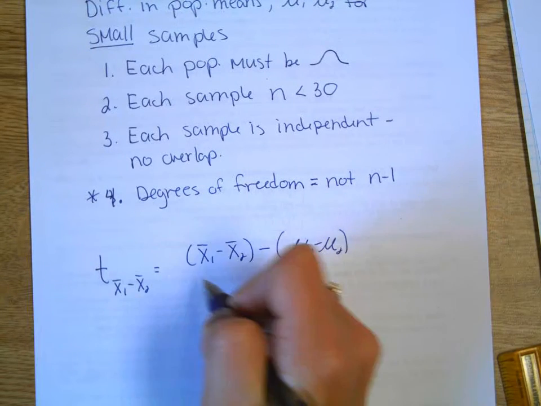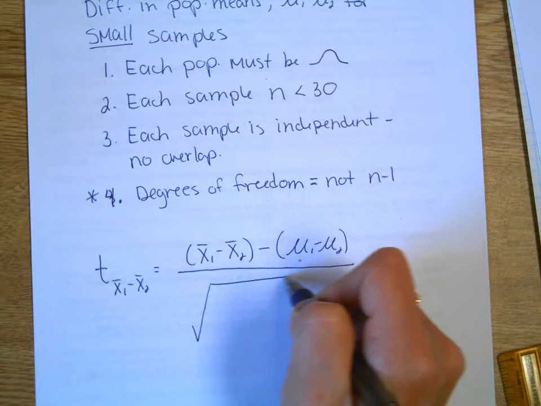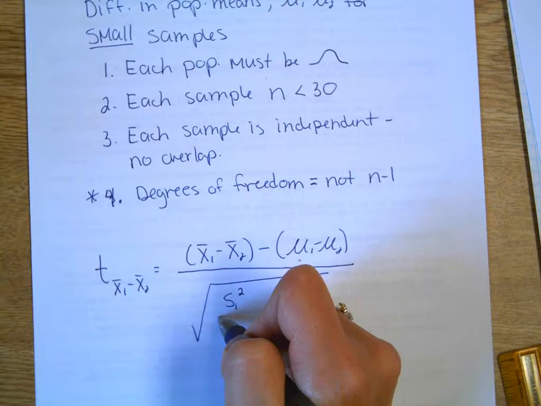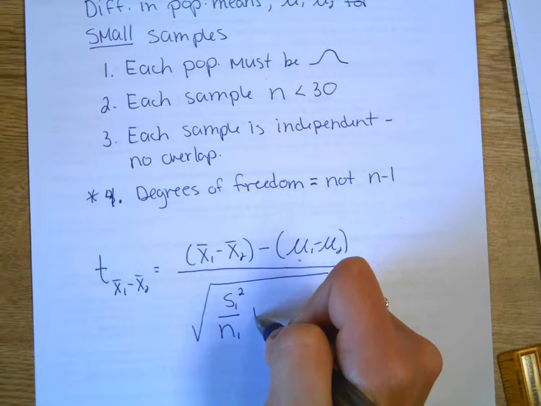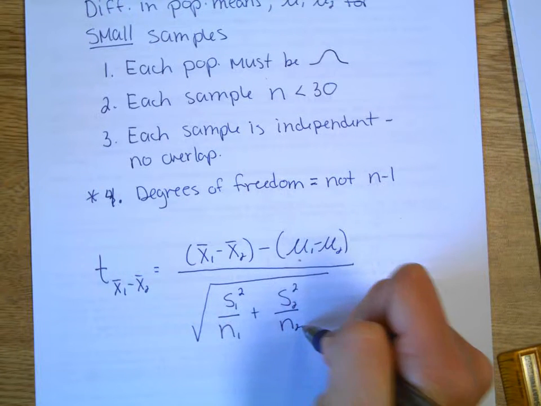So far, no difference. Bottom, also no different. Standard deviation from the first group squared over sample size. Standard deviation from the second group squared over sample size.